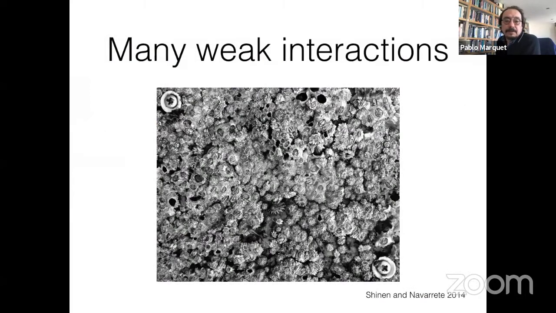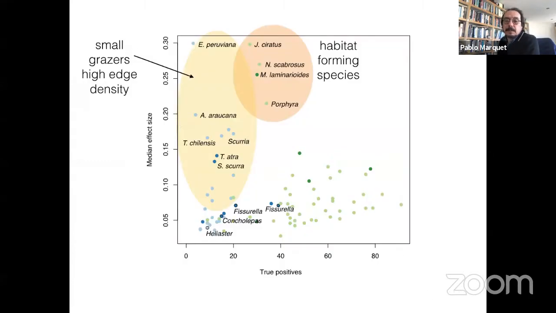Also, there are a lot of weak interactions that seem to be very important in actually affecting the network, and most of them may not be well recovered by these covariance or correlation methods. Also, consider the true positive rate of habitat-forming species.